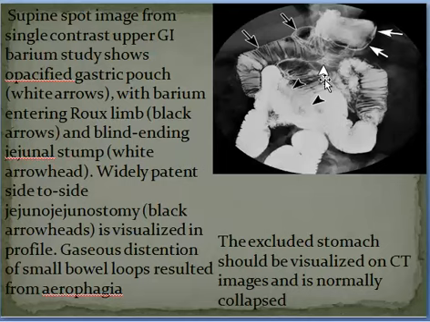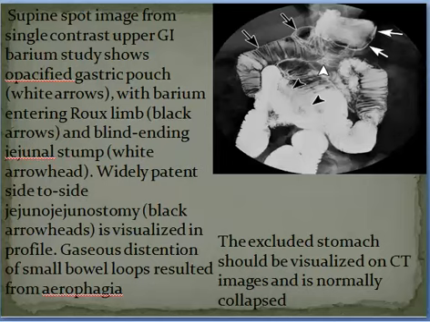This denotes a widely patent side-to-side jejunojejunostomy. Here, all of these are a big, long side-to-side anastomosis between jejunum and jejunum to allow the drainage of the pancreatic and the biliary excretions.